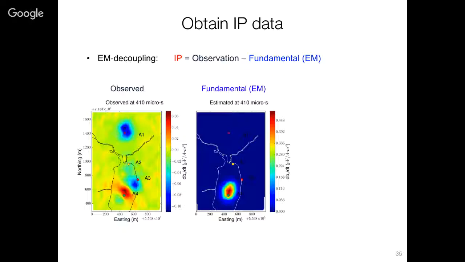So we're breaking that down into two parts. So that gives us that the IP response, our datum, is the observation that we made, and we're going to subtract from that the EM response that's obtained by taking our 3D conductivity and doing a forward model on that. Okay, does that make sense?